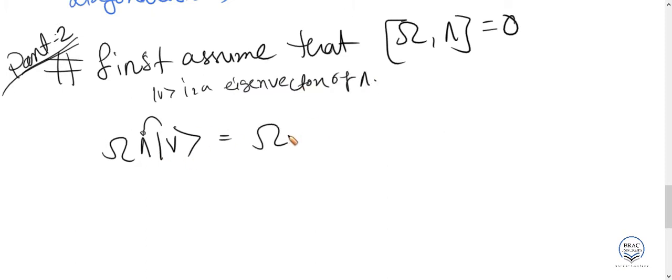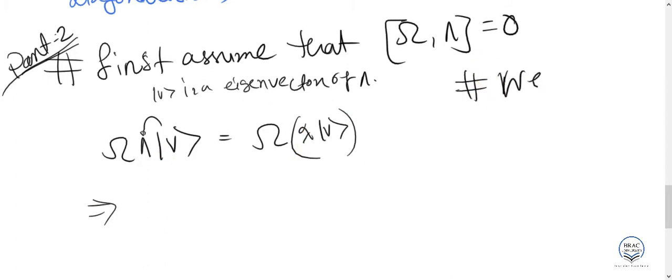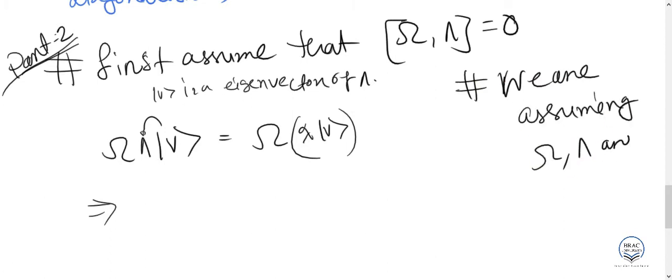So this will give you omega times small lambda and V, right? Alright. And now, since these eigenvectors, and note that we are assuming omega and lambda are non-degenerate.